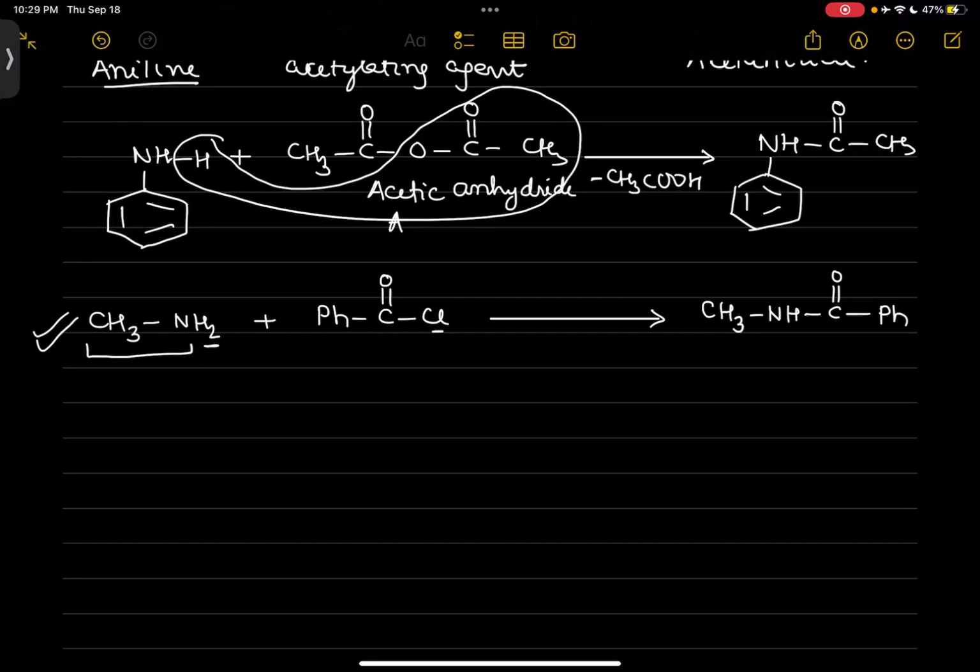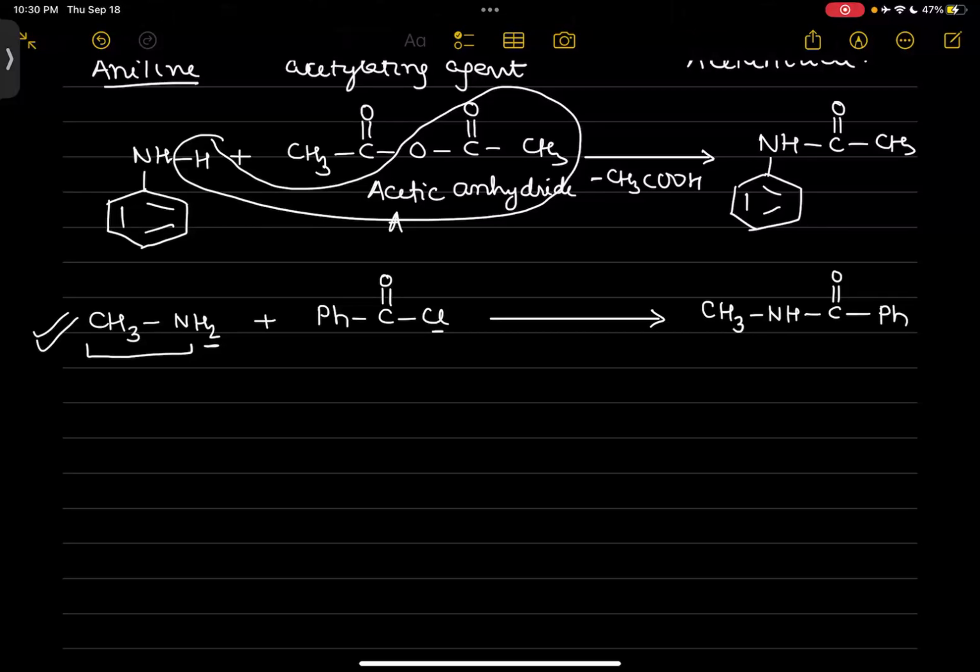But is this acetylation or is it something else? It is similar to acetylation, but the group is not acetyl.